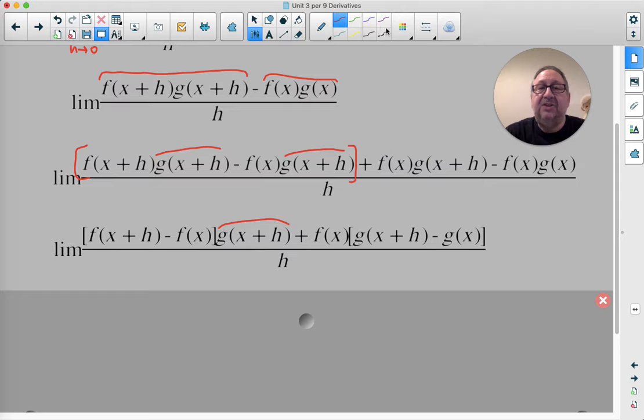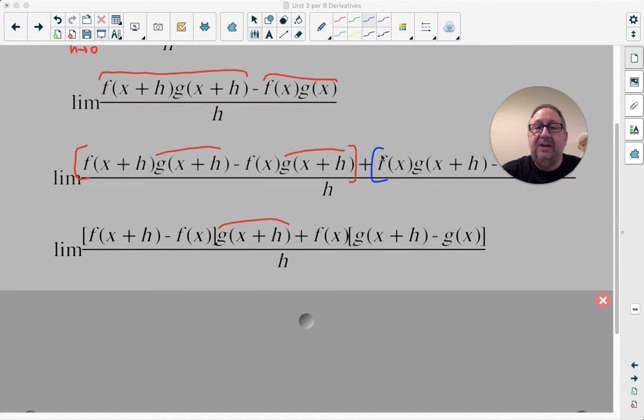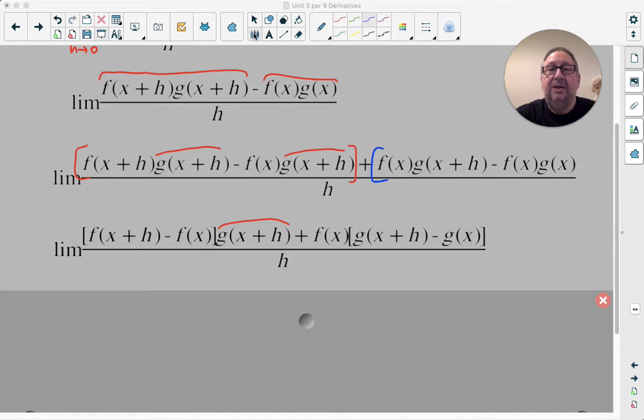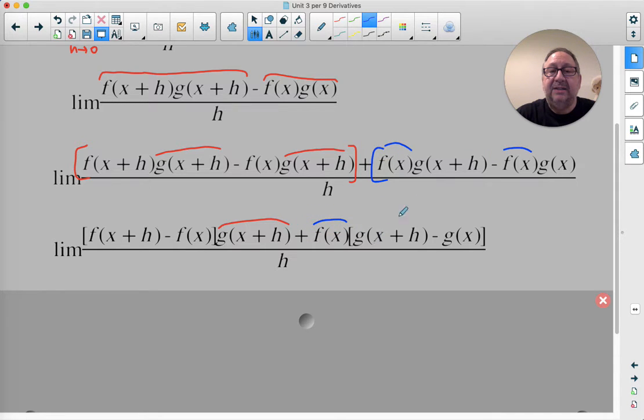And the second two terms share a common f of x factor, which has been factored out in front, leaving us with g of x plus h minus g of x.